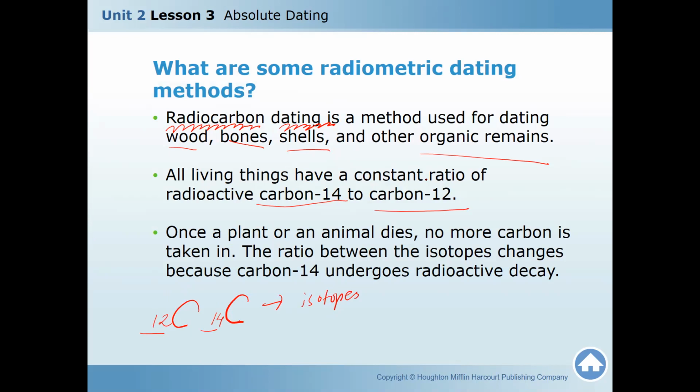Once a plant or animal dies, no more carbon is taken in. The ratio between the isotopes changes because carbon 14 undergoes radioactive decay. When an animal dies, the ash left is carbon, and after it decays, the parent carbon changes to many more isotopes, the daughter ones.